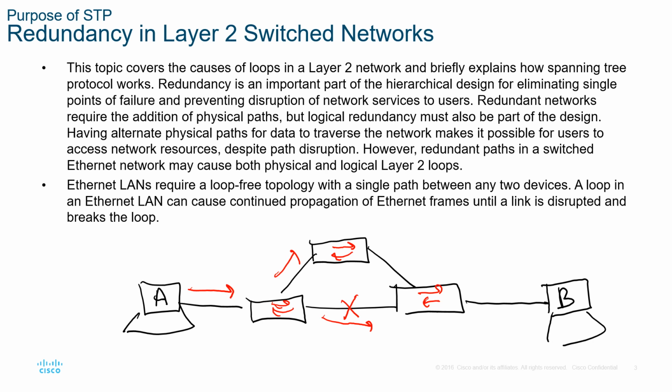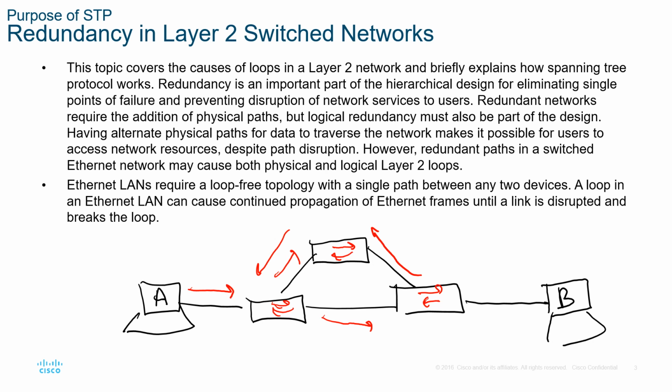For example, if all paths work in this example, there are possibilities that the frame will be forwarded back, not to PC A, but looping between the switches. So in this case, we could say that having a redundant path will also create looping frames.